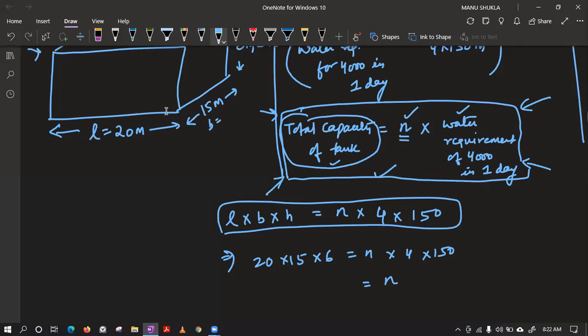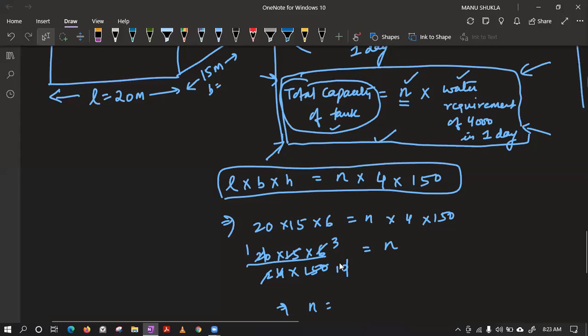So n will be 20 into 15 into 6 upon 4 into 150. 15 tens are 150, 0, 0, 2 twos are 2 ones are 1, and 2 threes are 6. So we have got n is equal to 3 days.